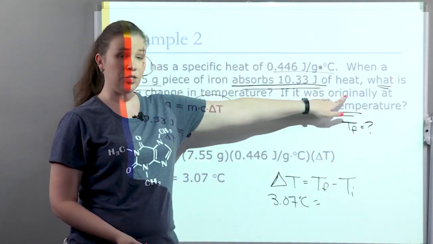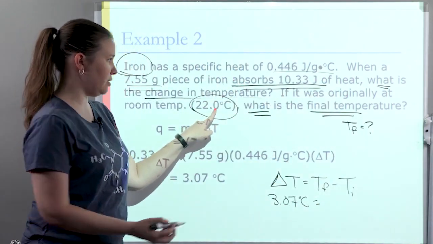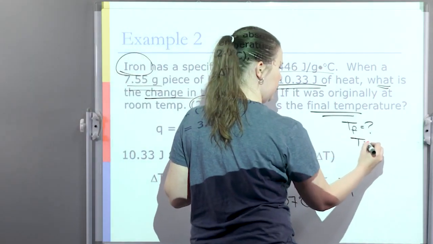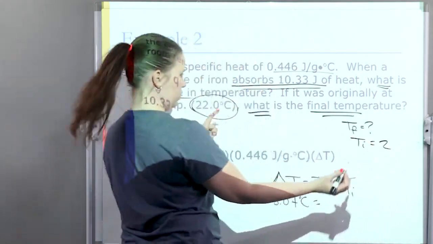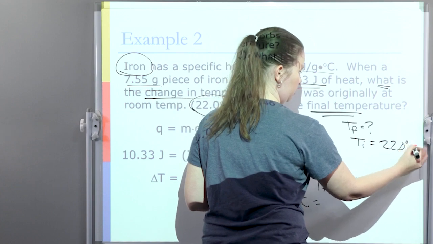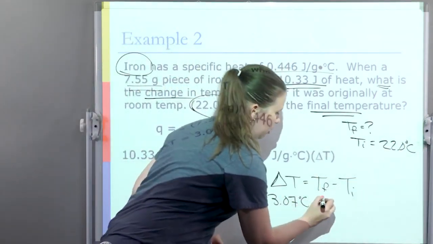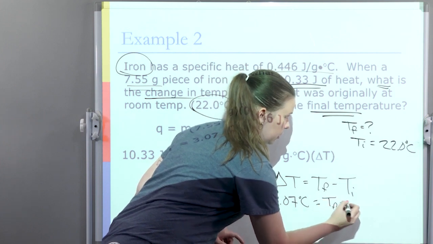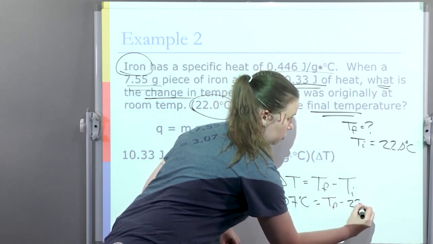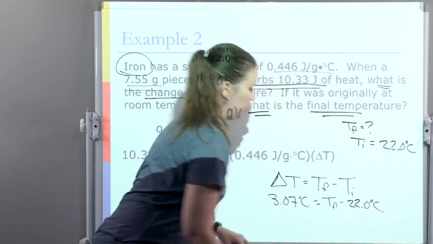And then it says originally, which is a hint that this is the TI, the 22.0 degrees Celsius. So then I'm going to keep TF as the variable, my unknown, and set this up as TF minus 22.0 degrees Celsius.